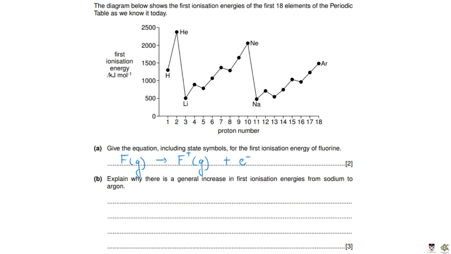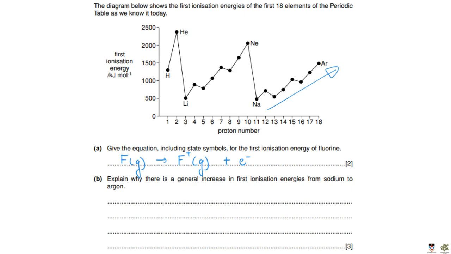Explain why there is a general increase in the first ionization energies from sodium to argon. Looking here from sodium to argon, that will be across period 3. The factors influencing ionization energy to be considered will be nuclear charge, the shell where we find the outermost electron, and therefore the distance, or the shielding involved as well.